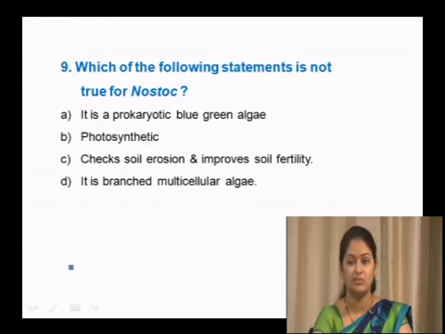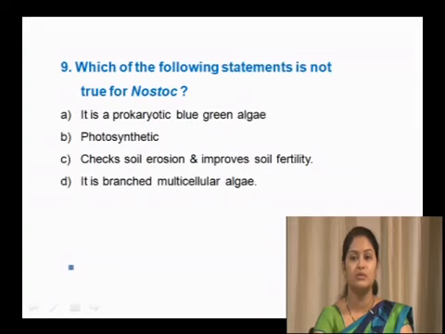Yes, it is blue-green algae. It has photosynthetic lamellae with specific pigments, and this is the first organism to carry out oxygenic photosynthesis, that is, the photosynthesis reaction releasing oxygen as the byproduct. C, it checks soil erosion and improves soil fertility.